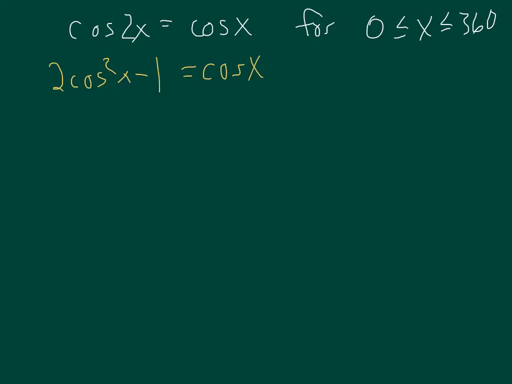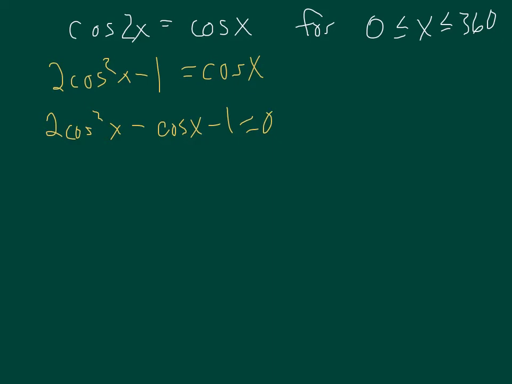And I hope that you recognize this as being a quadratic equation. So 2 cosine squared x minus cosine x minus 1 equals 0. And if it helps, this would be an appropriate time to make the substitution of t equals cosine x, so then you can deal with the quadratic without having the cosine. I'm going to leave the cosine in here, though.